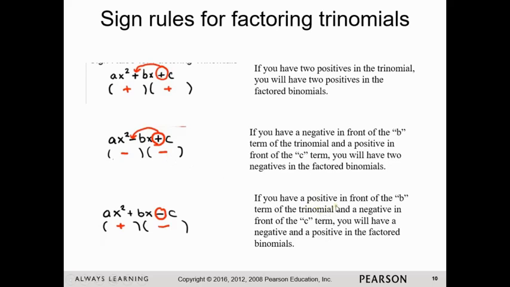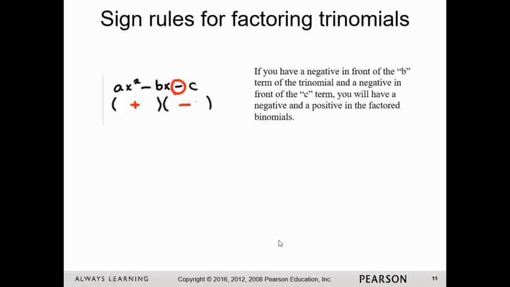If you have a positive in front of the b term and a negative in front of the c, you have a negative and a positive in the factored binomials. And finally, if you have a negative in front of the b and a negative in front of the c, you have a negative and a positive in the factored binomials.